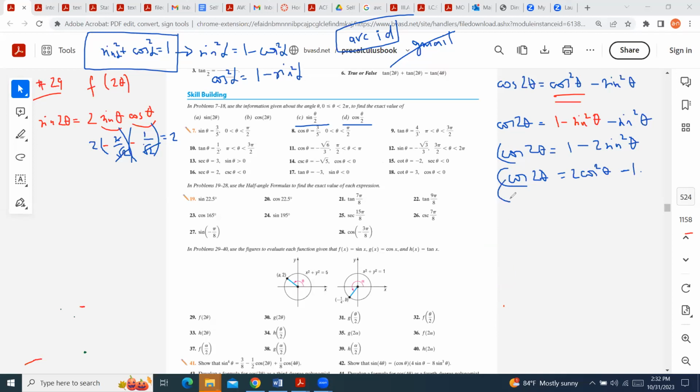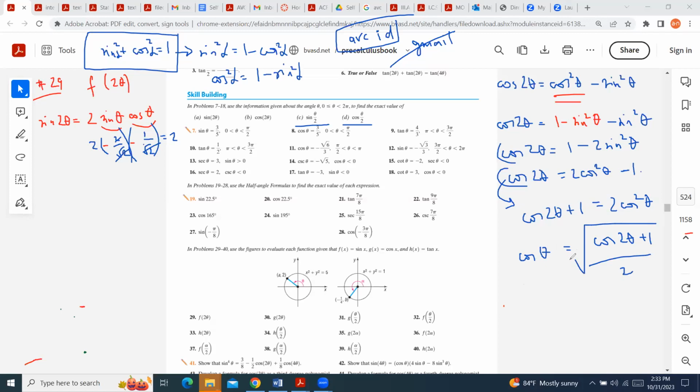For example, from this one, I can say that cosine 2 theta plus 1 is equal to 2 cosine squared. And this way I can say that cosine of theta will be the cosine of double angle plus 1 over 2, so just isolated cosine squared, but then I extract the square root to get the actual cosine.